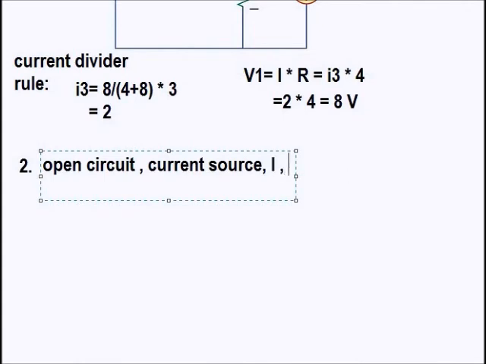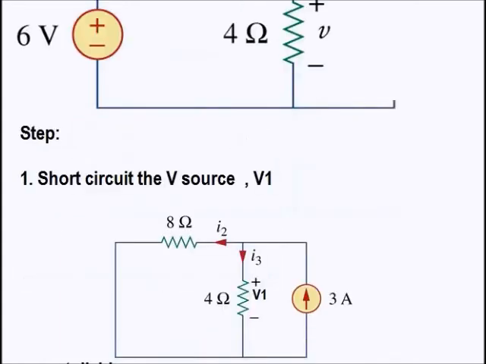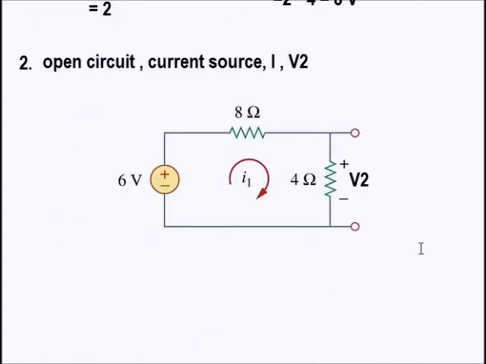Here we need to find the value of V2. So draw the circuit again, making the current source open here.